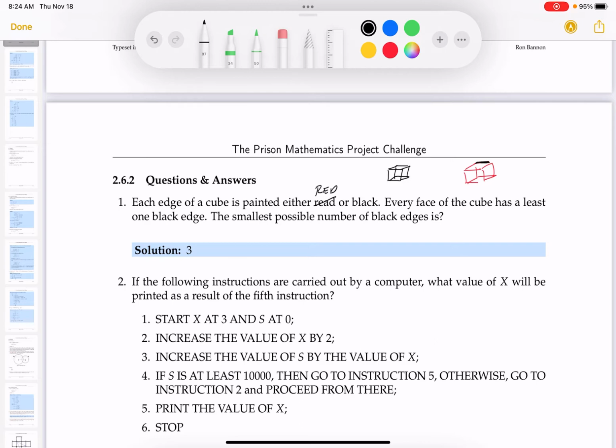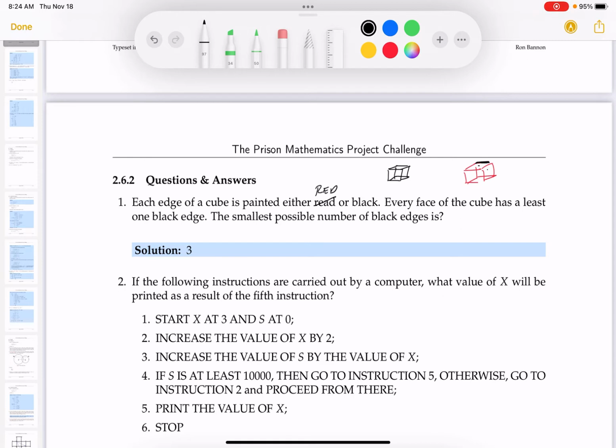Now, there are two sides that share that edge, and I hope you realize the two sides that share it are the top and the very back. Now, again, what's the smallest number of black edges, if every face shares a black edge?